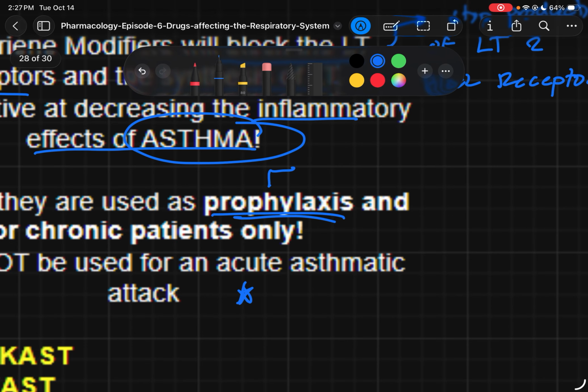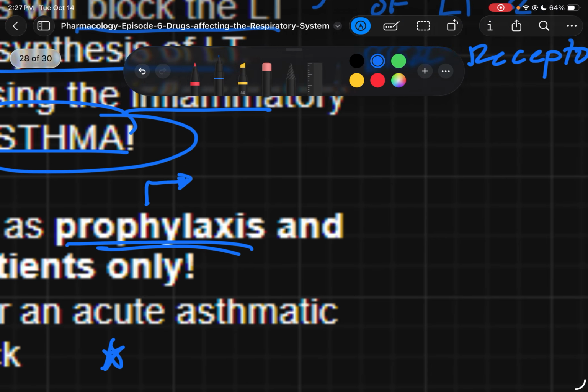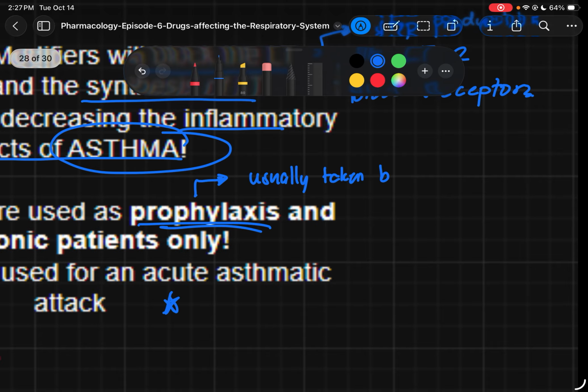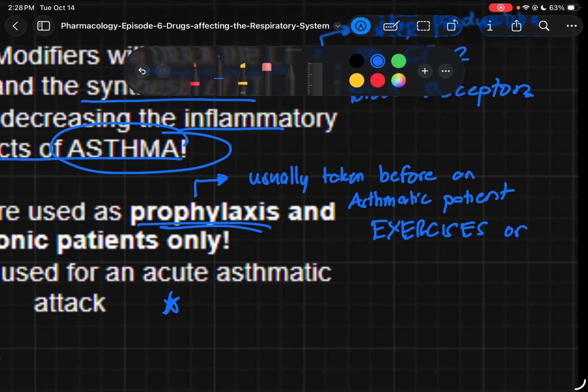Now, when we say prophylaxis, class, what I am referring to is these are usually taken before an asthmatic patient, okay, exercises or increases effort, or if positive presence to allergens.